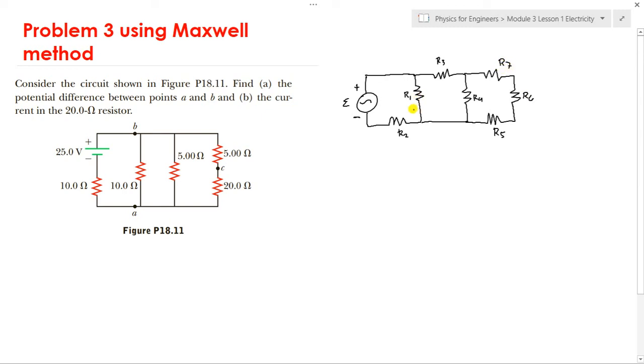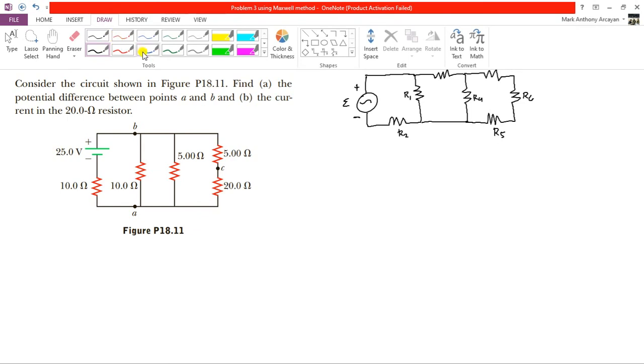So in Maxwell's method class, we're going to assume a direction of the current for each loop, and your choice of loop depends upon you.